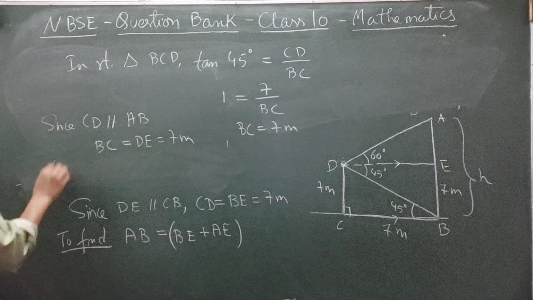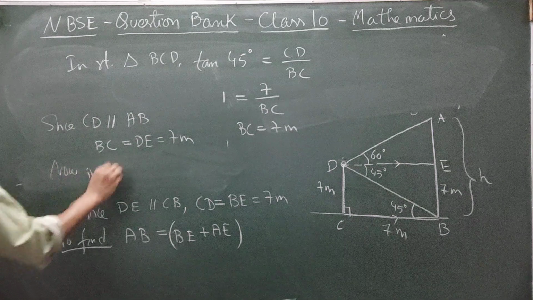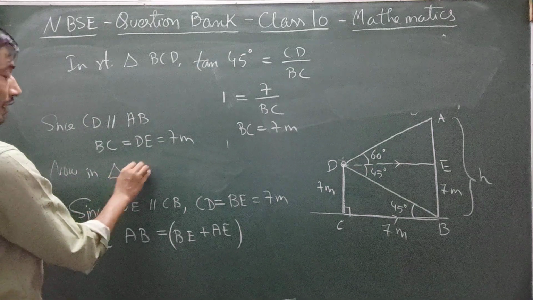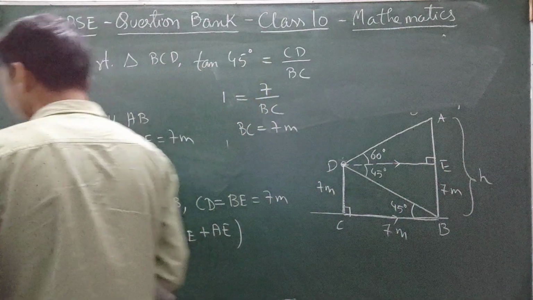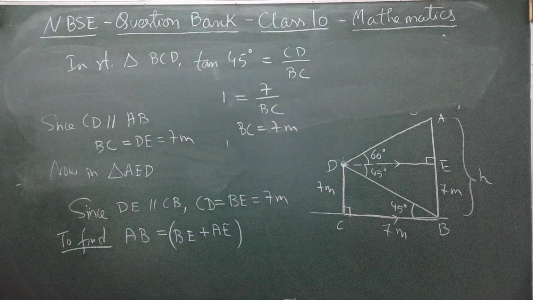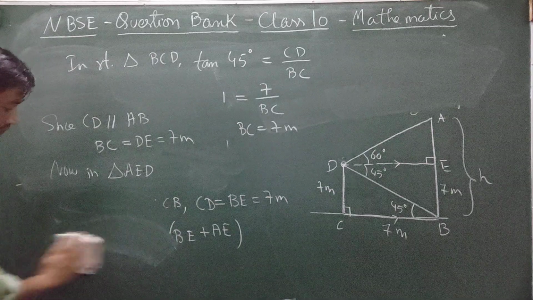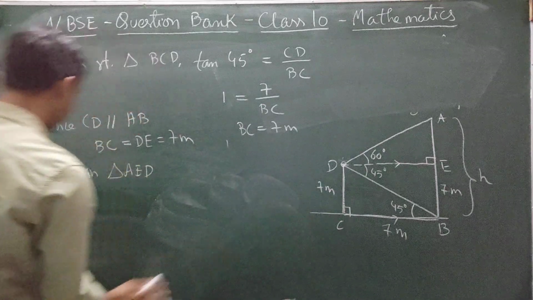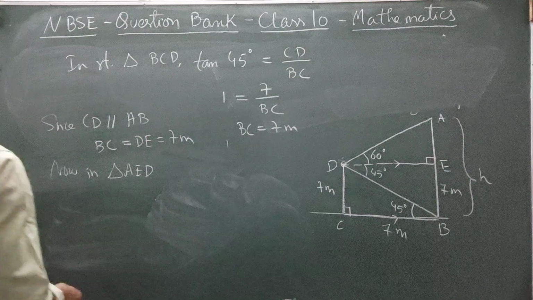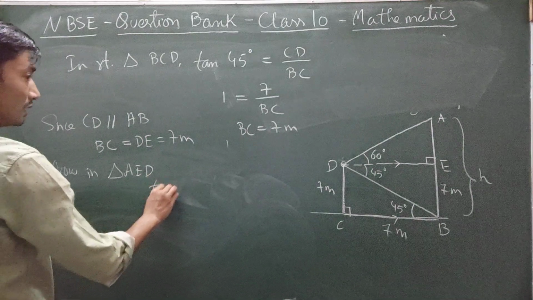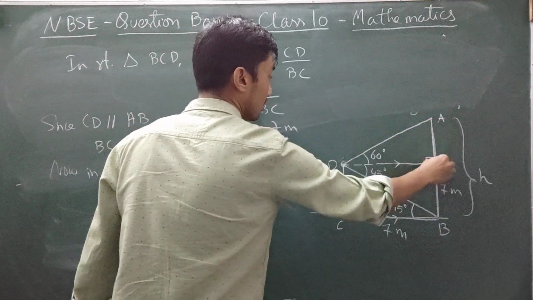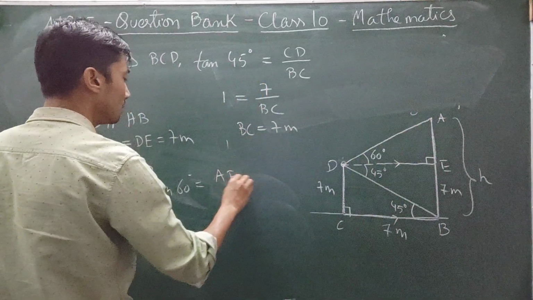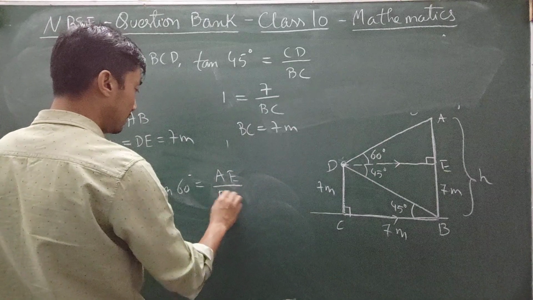Now in right triangle AED, tan 60 is equal to perpendicular height AE by adjacent side EB.